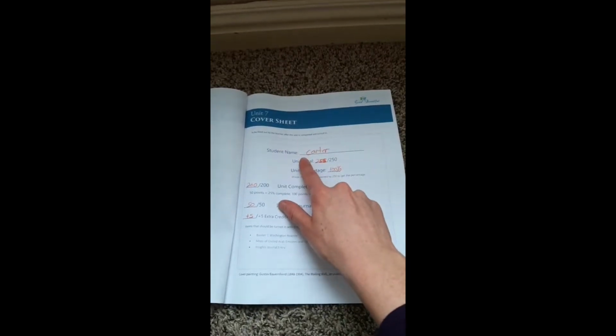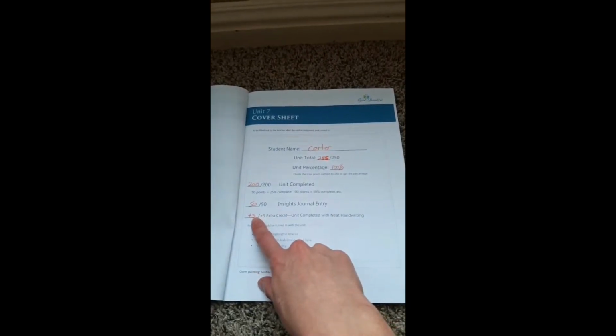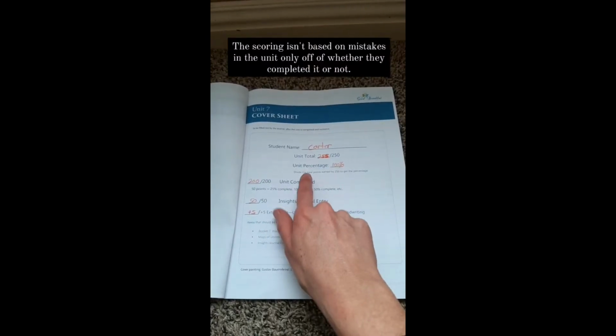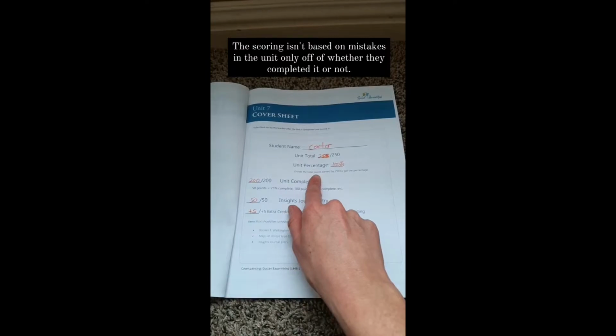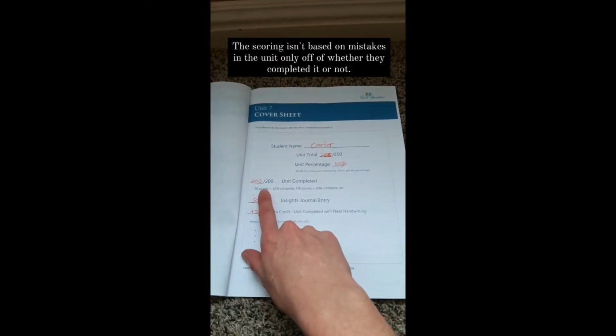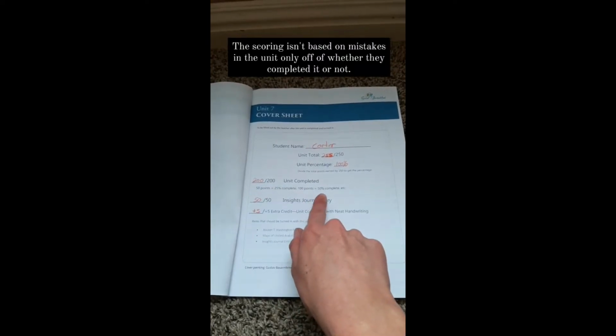So what you do, though, is after you've gone through it, write the student's name. Now, the total points that they can get is 250, unless you've added extra credit, and then it can be 255. The unit percentage is based off of whether they completed or not. So if they didn't complete all of the unit, these are the scores that you're going to give them.